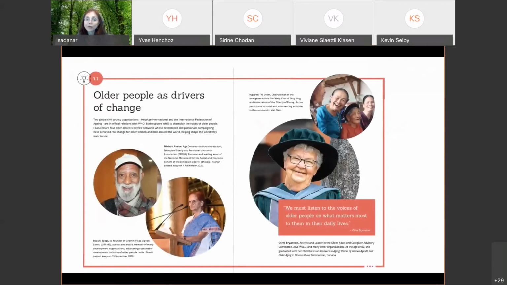But before that, I'd just like to say that the report and our overall approach puts older adults first. And we want to make that really clear. We work with two really important global civil society organizations. One is HelpAge International, which has self-help community groups with older adults in 70 countries around the world. Another is the International Federation on Ageing, a federation of national associations of older adults, also close to 100 around the world.